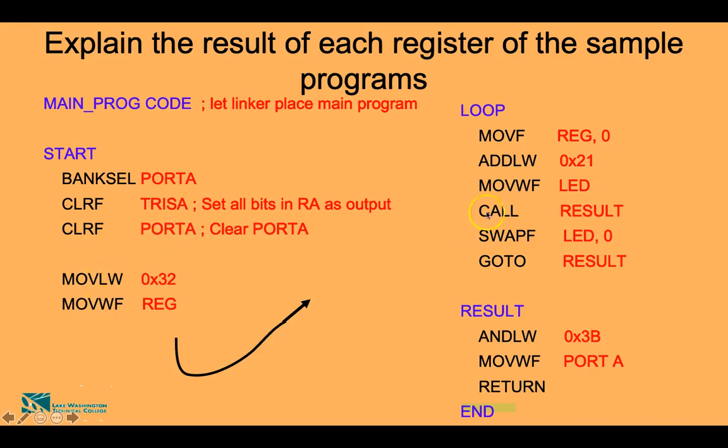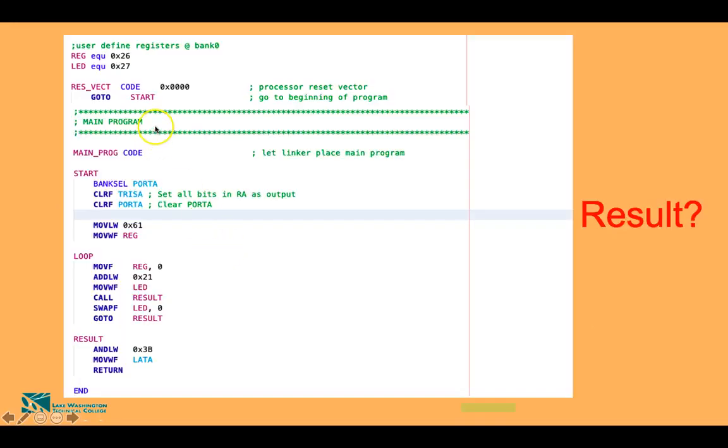And then you have all these instructions. I want you to take a moment, read this program and see what the result is going to be. Here is the same code put in the MPLAB IDE. You can also do the same, run the code and see what results you get.